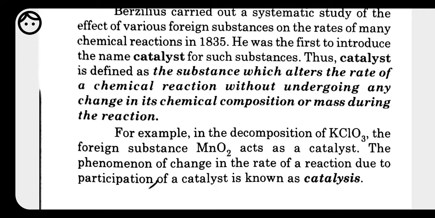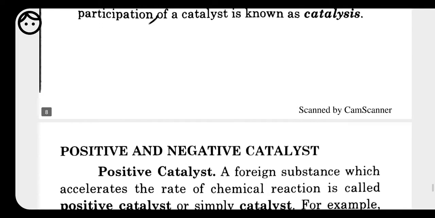Whatever amount of substance we have taken as a catalyst, the same amount we will get after the completion of the reaction. Not a single percentage of it should be used in the reaction.